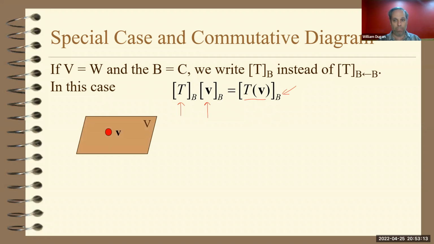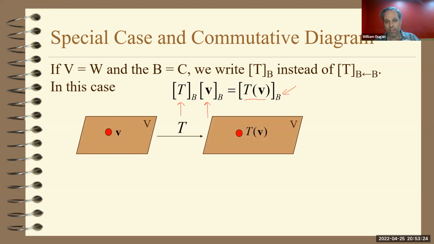Now, as a picture, so that you understand what my examples are trying to say. If you start with the vector space V, there's a vector v in it. You could then take T of it to now get a vector in V again, because V and W are the same thing.